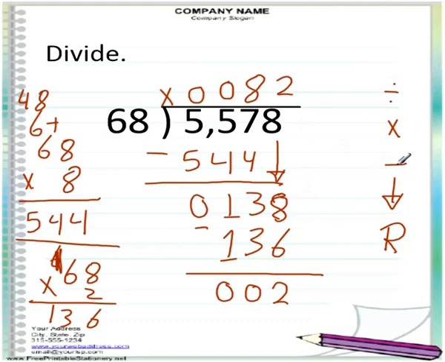Now the step after the subtraction is to bring down. But because there are no more digits to bring down, that means this number is the remainder. So here the remainder is 2. The answer or the quotient is 82, remainder 2.